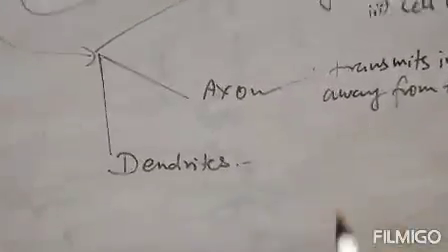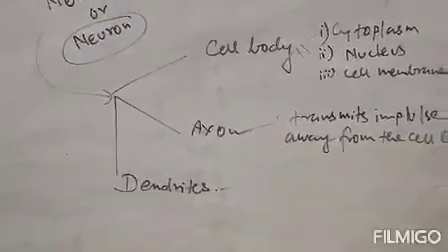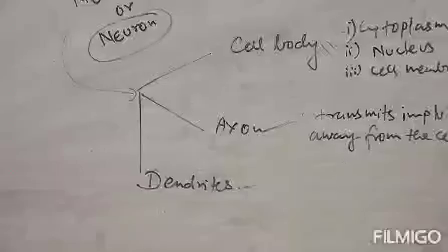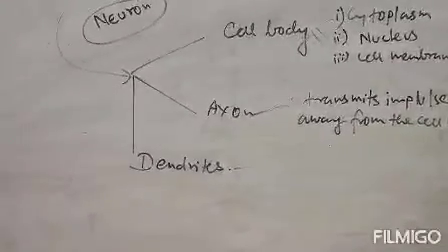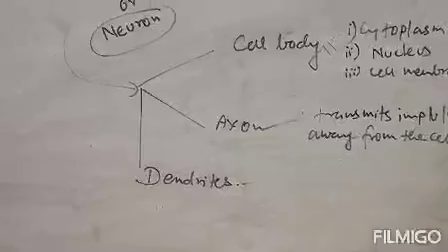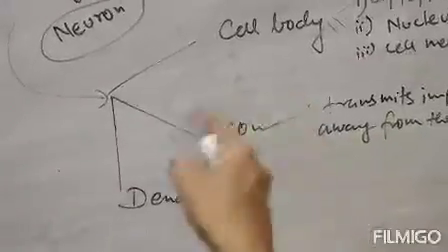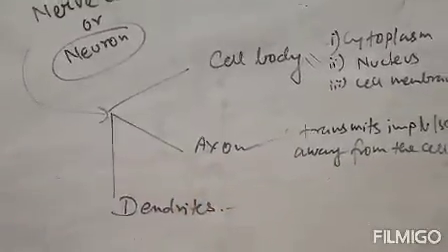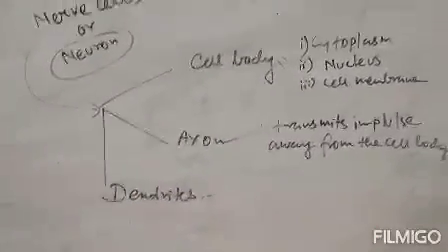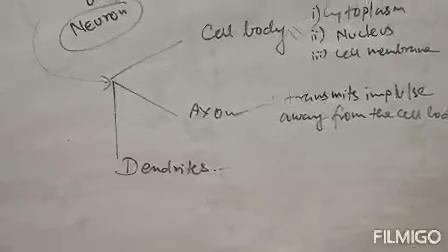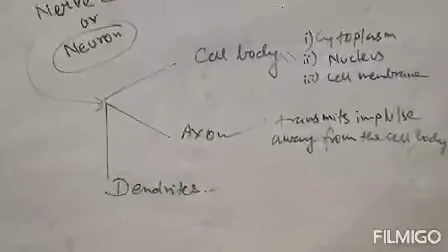Coming to dendrites, these are very short branched fibers. They are also fibers like the axon, but dendrites are very short branched fibers of the neuron which receive nerve impulses. That means the axon transmits impulses and the dendrites receive those impulses coming from the axon.